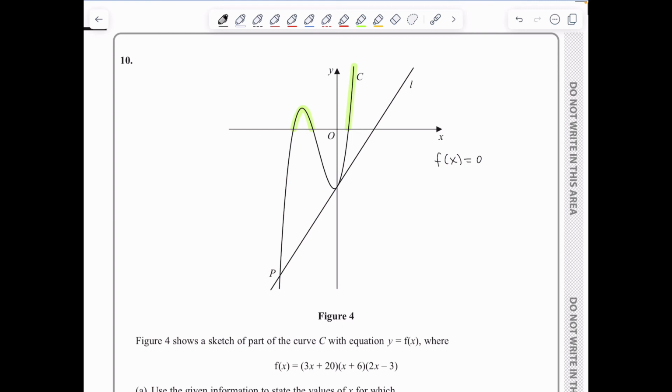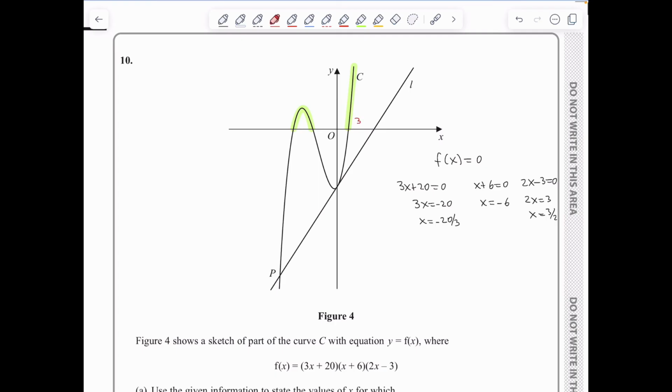Luckily enough, we've been given f of x in a factorized form, so that means that 3x plus 20 is 0, or x plus 6 is 0, or 2x minus 3 is 0. So we have that 3x is negative 20, so x is minus 20 over 3, or x is negative 6, or 2x is 3, which means that x is 3 over 2. So that gives me the cuts on the x-axis.